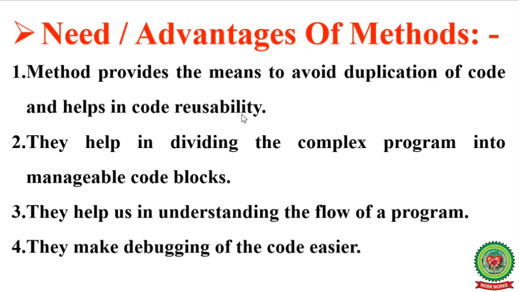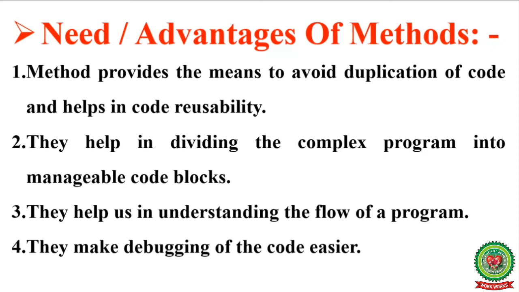If again I want to add two numbers, then again I have to write sum is equal to a plus b. So instead of writing the same statements again and again, we can use a method. We can write a set of instructions in the method and call the method by name.